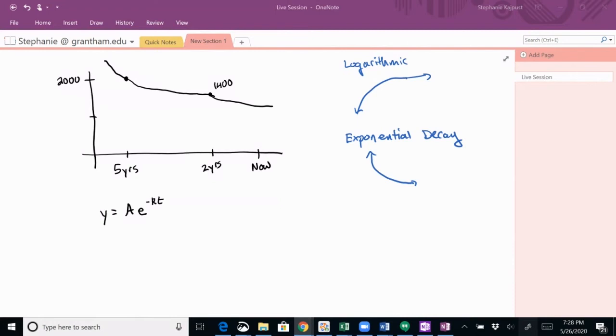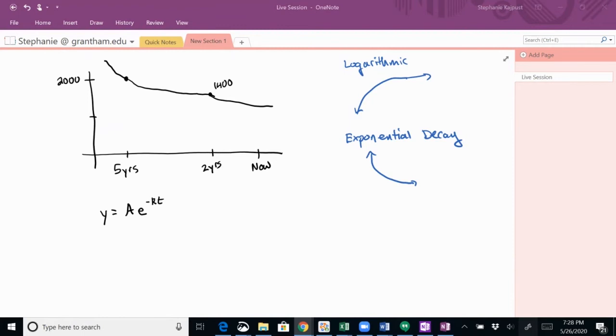Those are all compound interest problems. That's radioactive decay. Okay, that is not helpful. It might be in one of the videos.